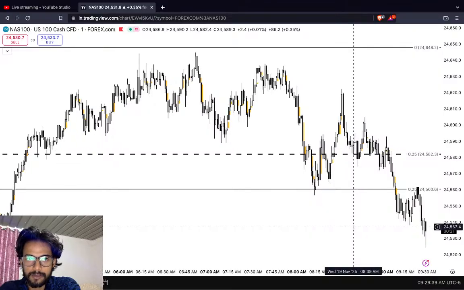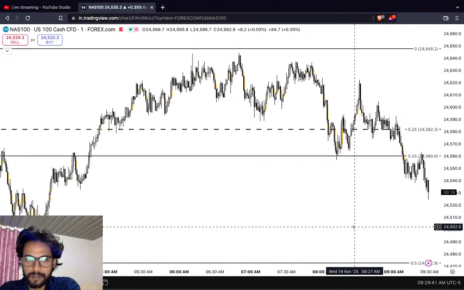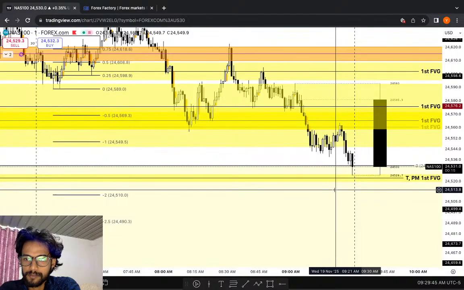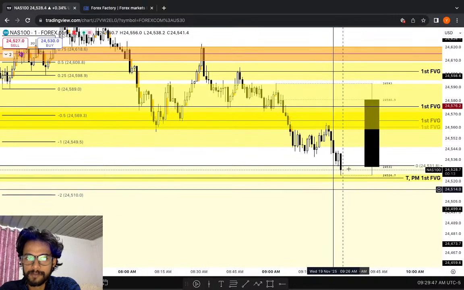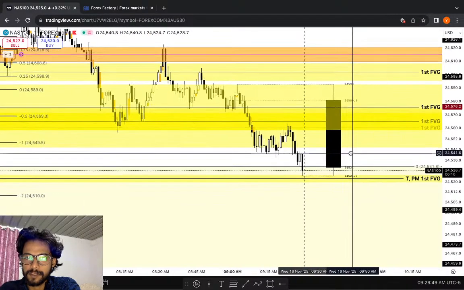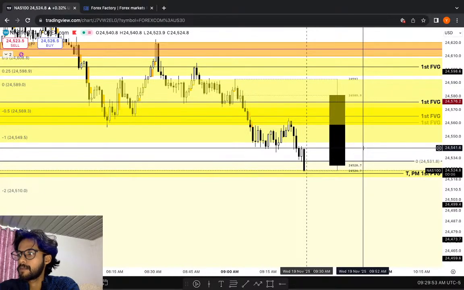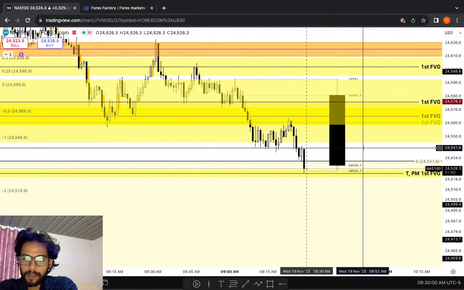So just a few minutes left, seconds left now. Let's see. We might bump it lower and then reverse it.